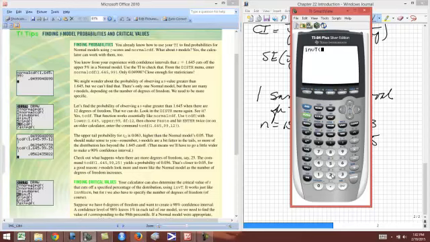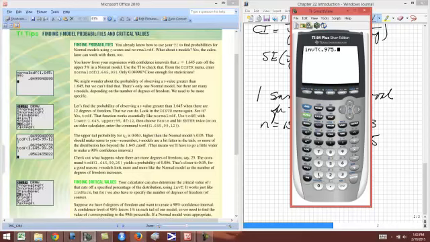Okay, so inverse T, I'm going to put in number 4. Now, it used to be that with inverse norm, we put in one number: whatever level of confidence we want plus however much is in the tail. In other words, you put in the decimal that takes you to the tail. So we want 95%, so I'm going to put in 0.975. But you have to put in a second parameter now, and that's the degrees of freedom.